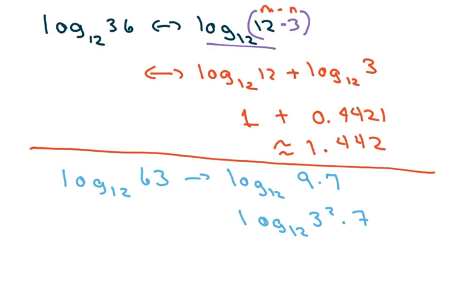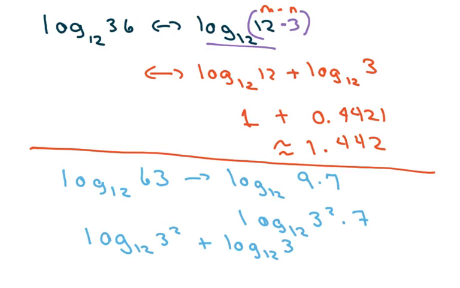Or you could say 3 times 3 times 7 and add it up, but I'm going to expand this: log base 12 of 3 squared plus log base 12 of 7.